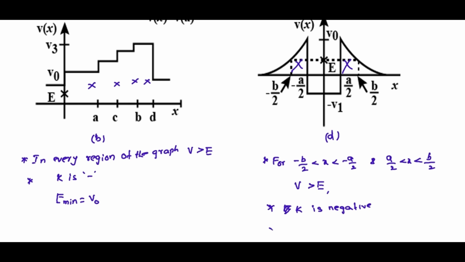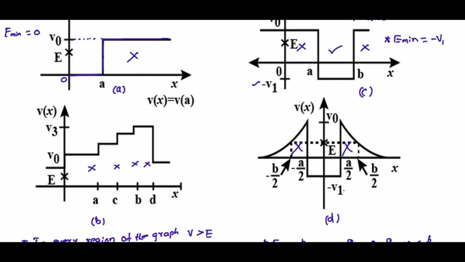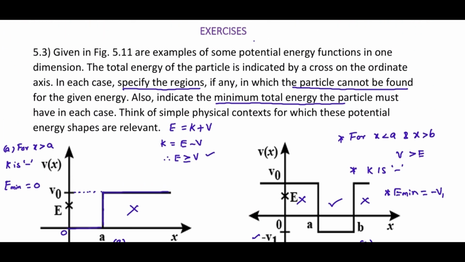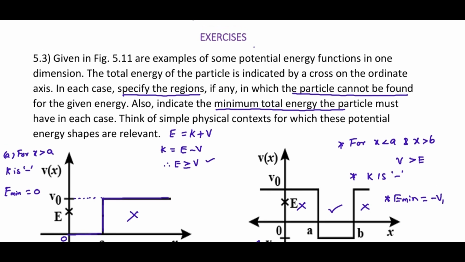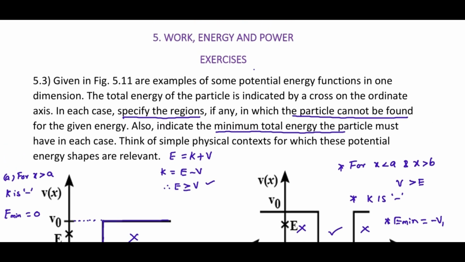So in this case, what is the value of E minimum? The E minimum is nothing but minus V1 here. So this is the solution of this question 5.3 from work, energy and power. Thank you.